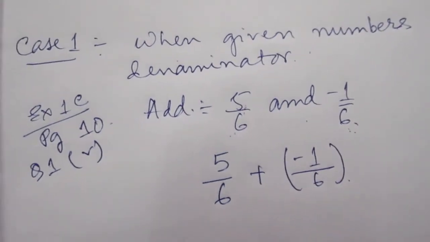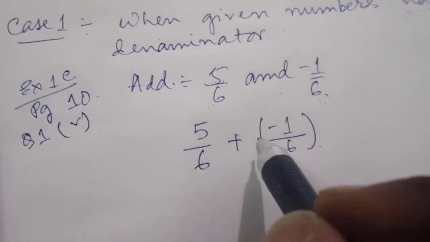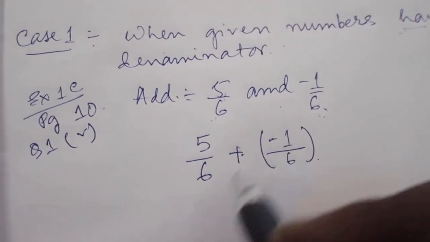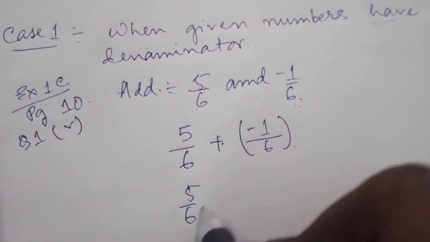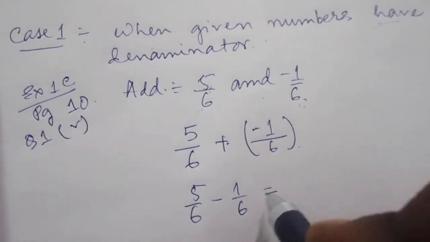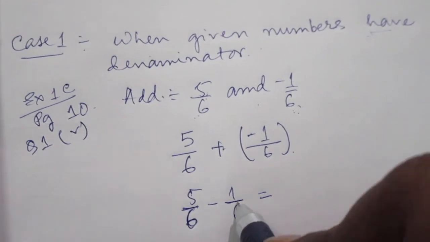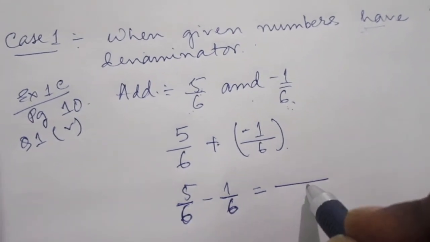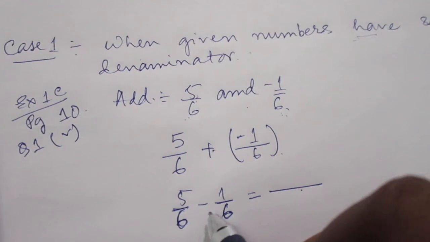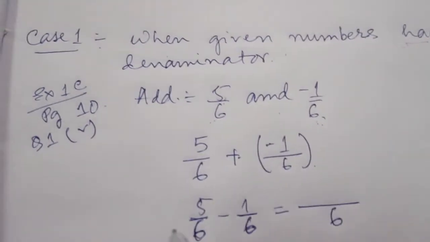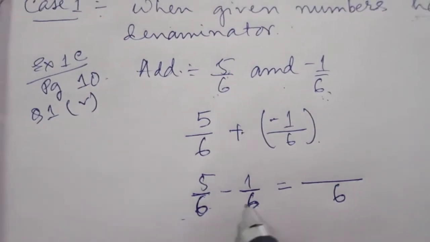Here plus into minus is minus. So 5 by 6 minus 1 by 6 is equal to, what is the denominator here? 6. Here also 6. In the answer the denominator will be 6 only, because we have the same denominators.